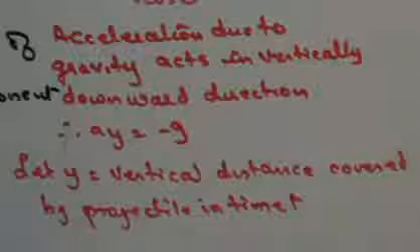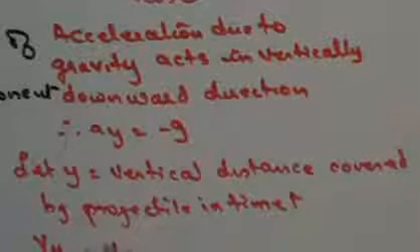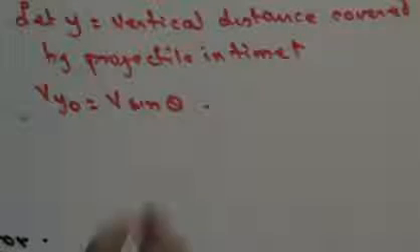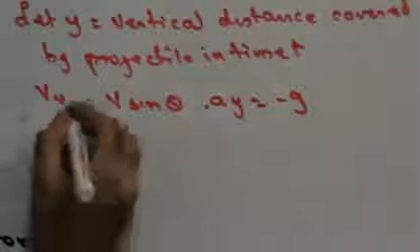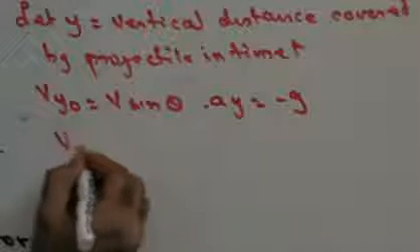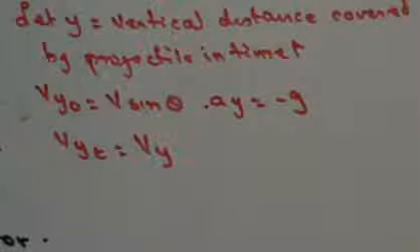Then I can say that the initial velocity along the y-axis is going to be V sin theta, because the body is being thrown upwards. Acceleration along the y-axis is minus g, and distance covered along the y-axis in time t is y. I can use the kinematical equation.